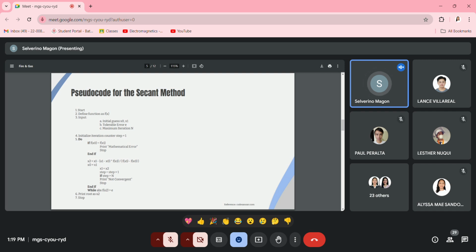Right, so the calculation is based on the previously stated formula. Again, this is originally from Newton's method. So we have the new solution based on the previous one minus the modified slope equation. Then for each step, we replace x0 with the new value of x1, and x1 will be replaced by the new value of x2, and then we increment the process.